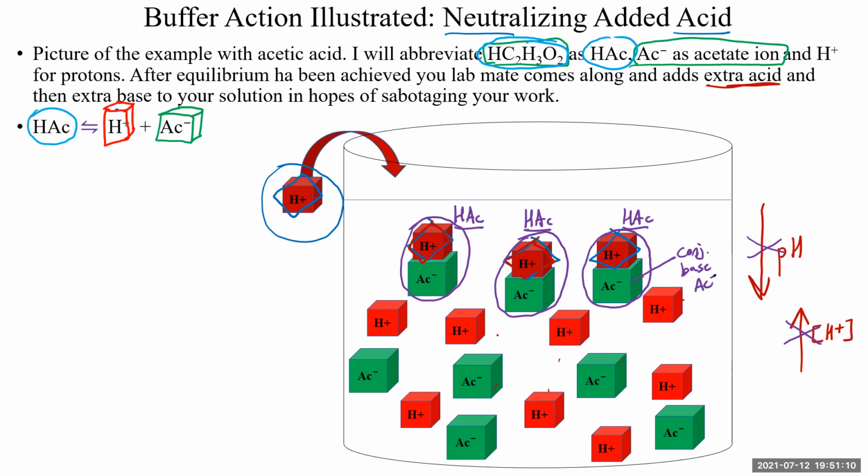So you have a base in solution that is ready to react with added acid, but is not going to react with the acid that was part of the original solution. It's like the base can distinguish between an acid it's supposed to attack and an acid that it's not supposed to attack. It's like a very well-trained guard dog. It's guarding against extra acids.